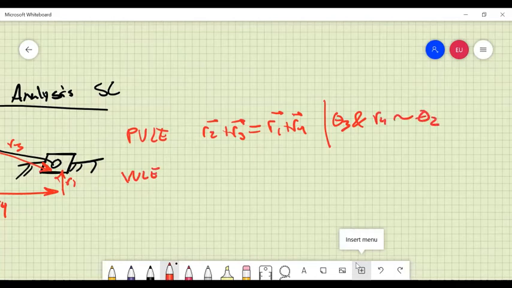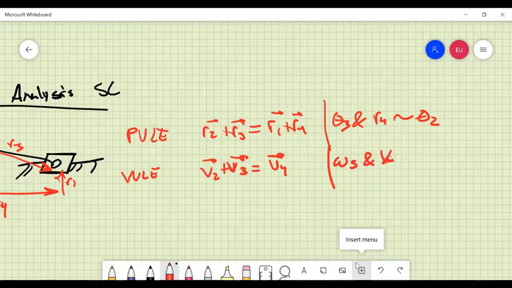Velocity was, what was the velocity vector loop equation for this one? I know these two appear equal to that one, right? Outcomes were omega 3 and linear velocity 4 as a function of theta 2, as a function of omega 2 and whatever was obtained there.